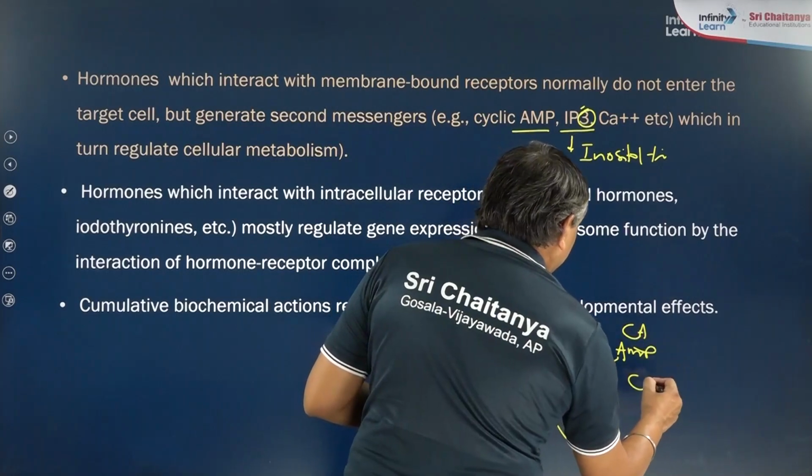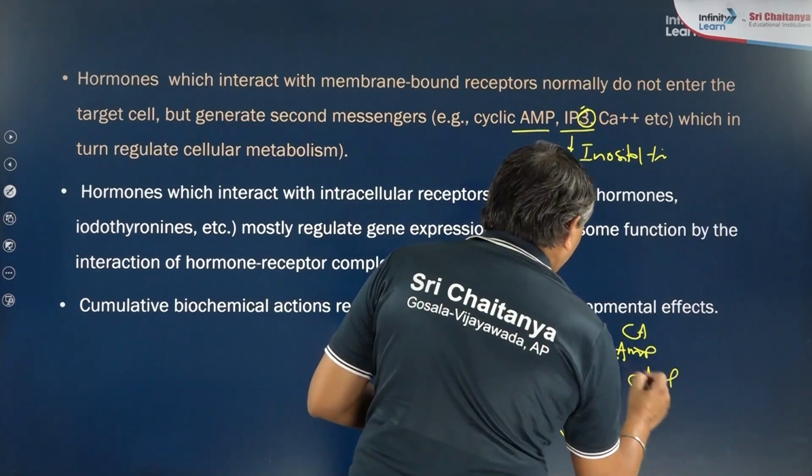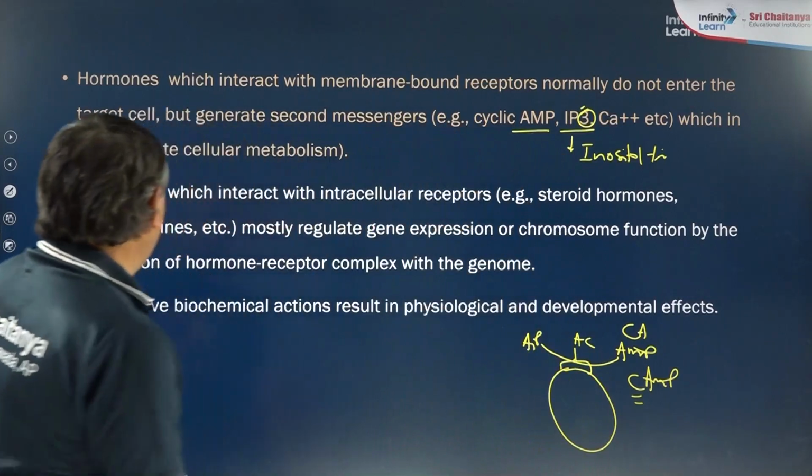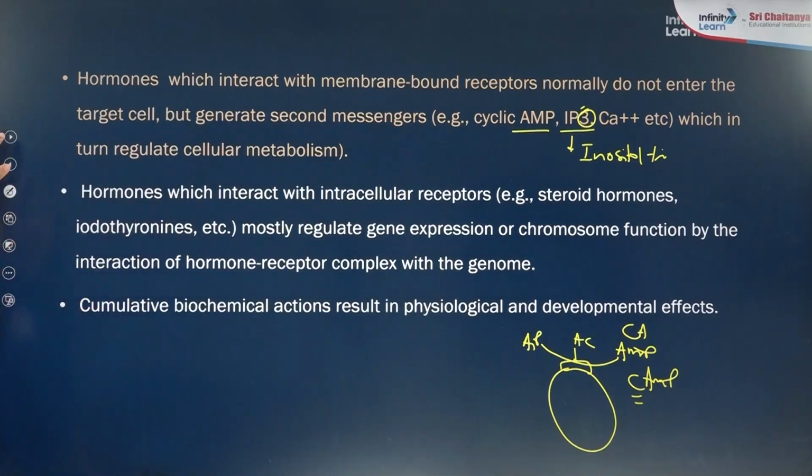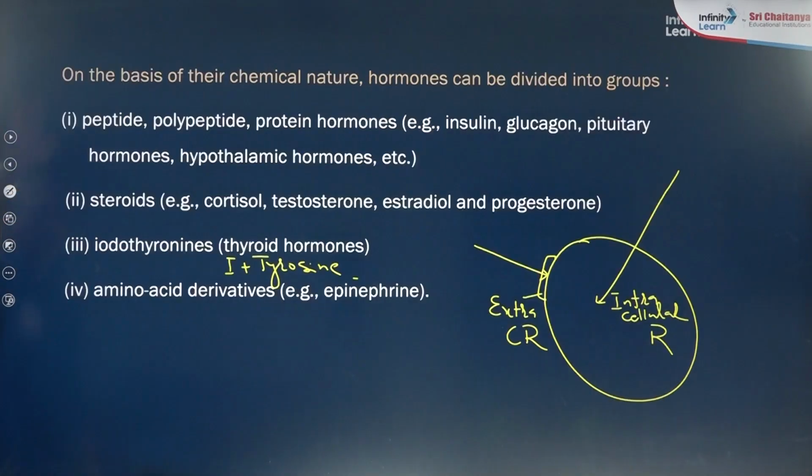You have to write cAMP, cyclic adenosine monophosphate. So this is one point that you have to remember. The second group of hormones are the water insoluble or lipid soluble: steroid hormone and iodothyronine hormone.